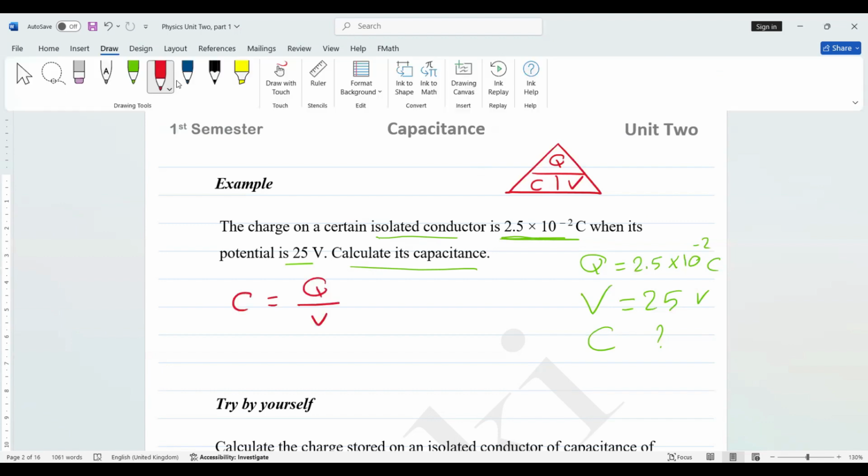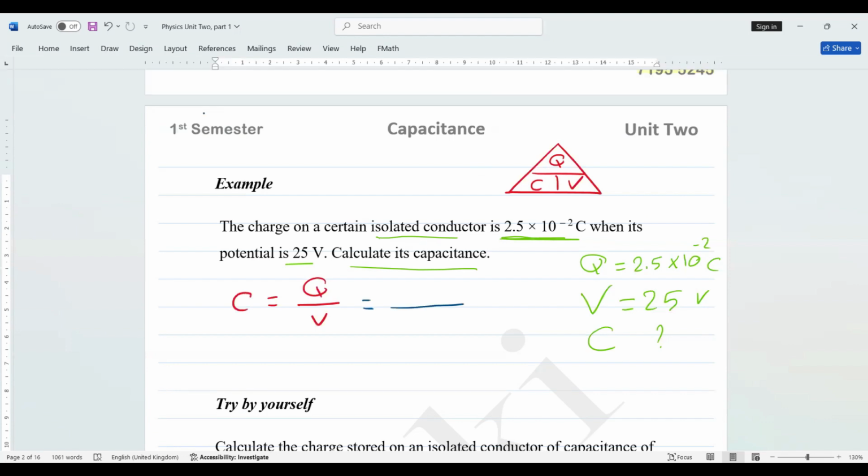We do substitution. So Q equals 2.5 times 10 power negative 2 coulomb over 25. We use the calculator to get the answer. 2.5 multiply 10 to the power negative 2 divided by 25.